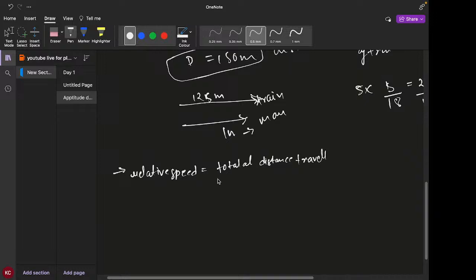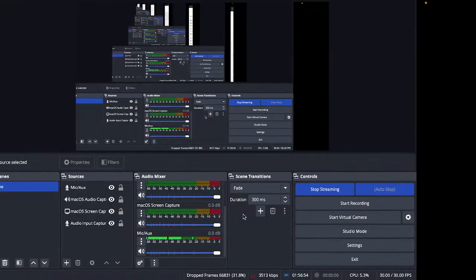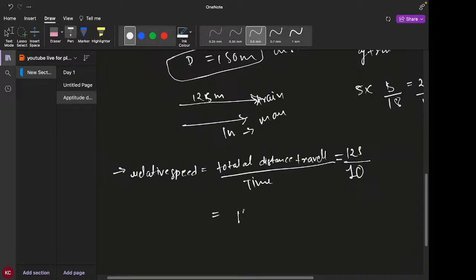You can understand why relative: because it is given that the train length is 125 and the man's length is 0, divided by the time the train takes, 10 seconds.